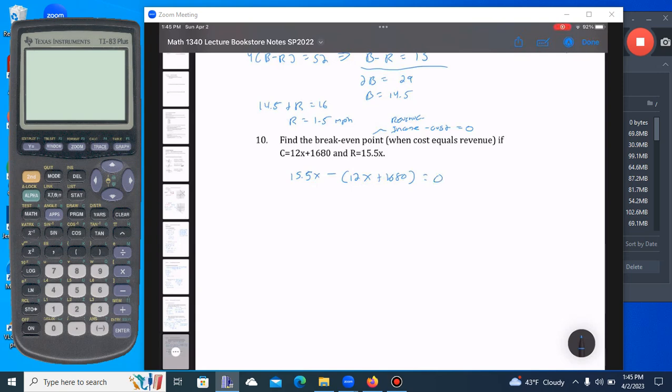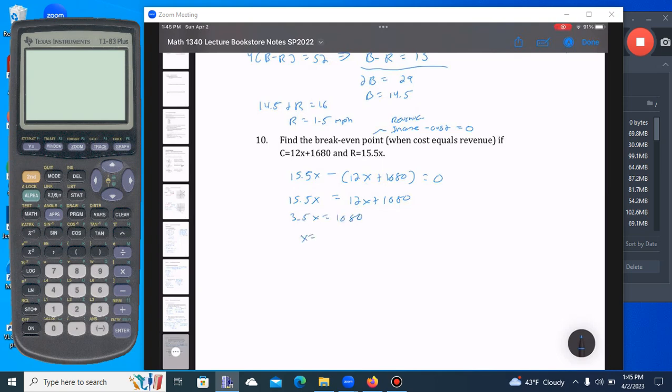Or when your revenue and your costs equal each other, so if we add that over to the other side, we get 15.5x equaling 12x plus 1680. Then we can subtract over the 12x, and we get 3.5x equals 1680.